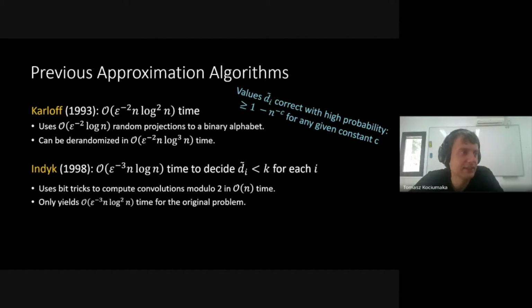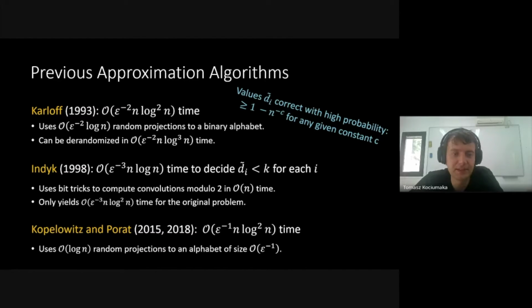However, when we consider the original problem of computing the Hamming distance, not just the decision version, then the running time is worse than Karloff's. An improvement came only much more recently with a series of 2 papers by Kopelowitz and Porat, who managed to improve the epsilon dependency from inverse quadratic to inverse linear.